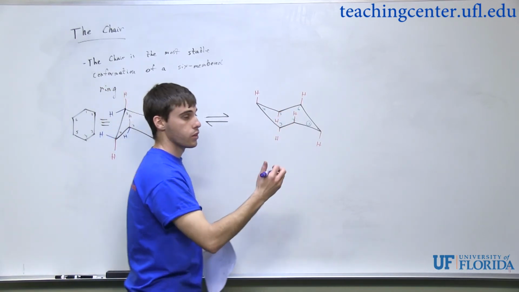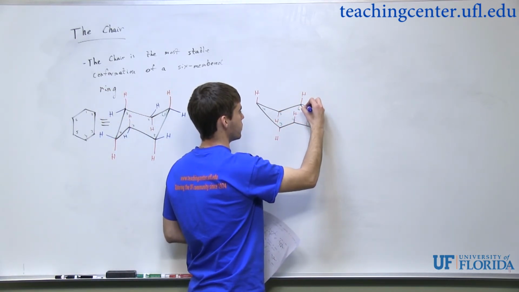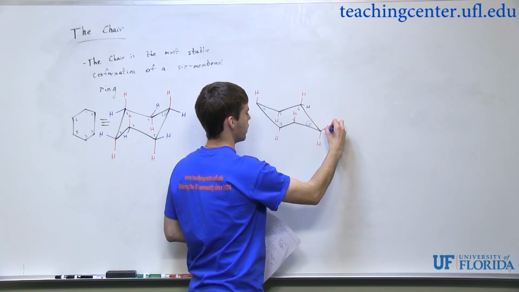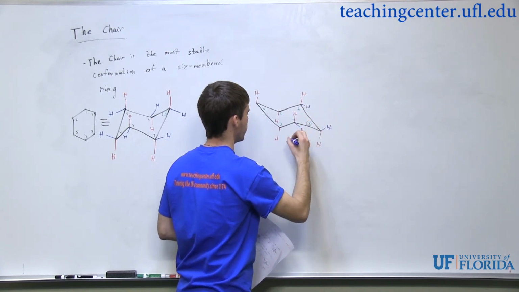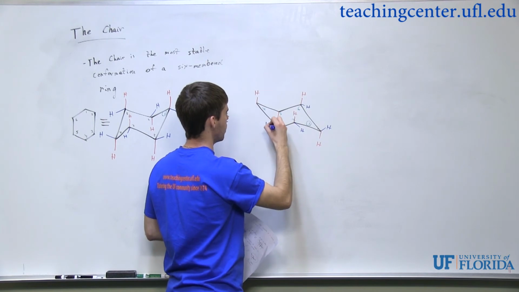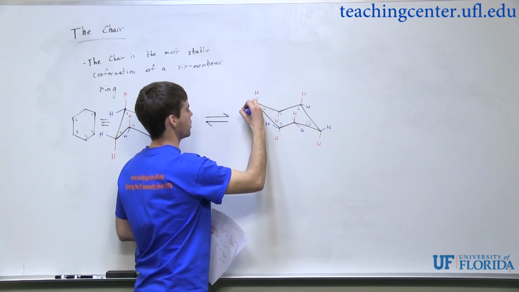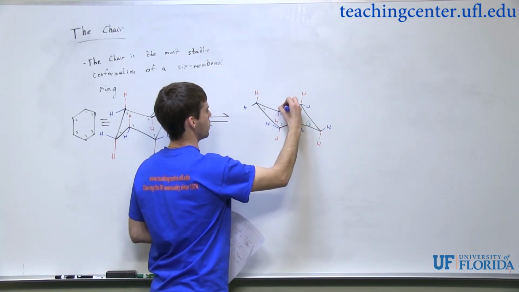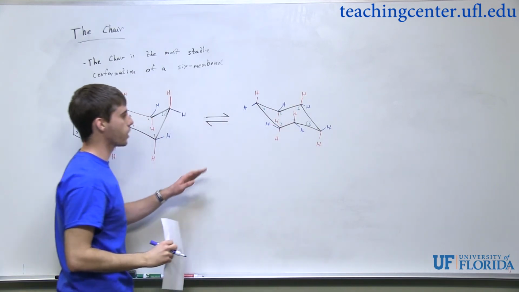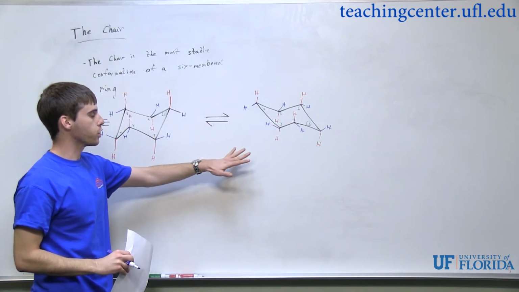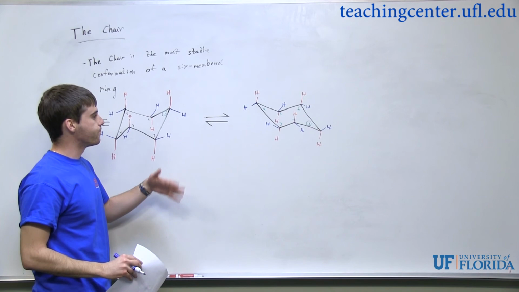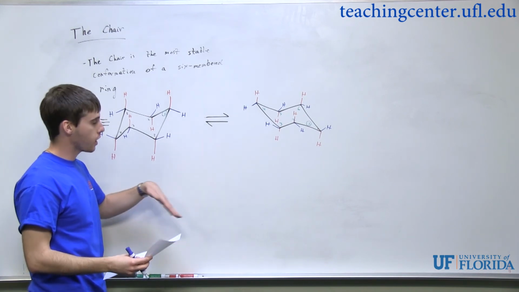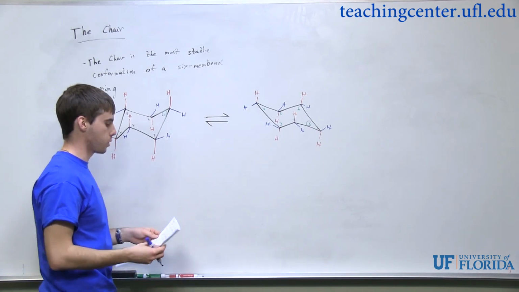And then I just go in and fill in with my equatorial: down, up, down, up, down, up. So that's the chair and its flipped. That's the general way. This will make a little bit more sense once we do an example.